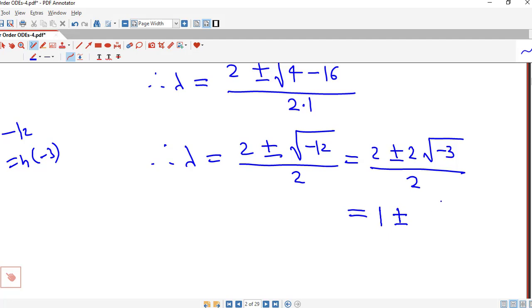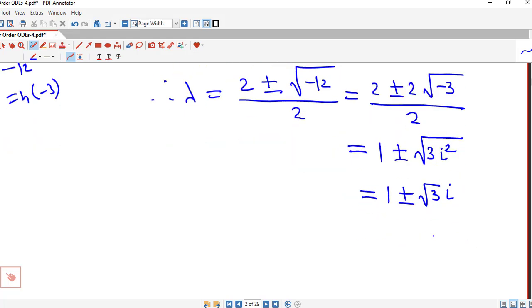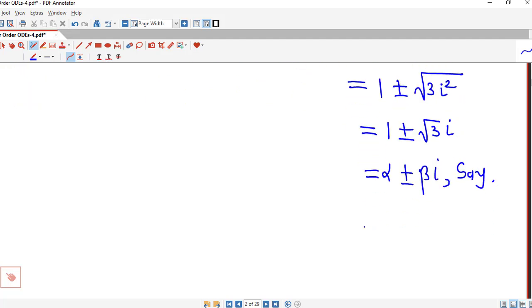1 plus or minus, 2 will cancel out, square root of minus 1 is replaced by i. So we have 1 plus or minus square root of 3 into i, and if we compare with alpha plus or minus beta i, suppose this is equal to alpha plus or minus beta i, then alpha is 1, beta is square root of 3.